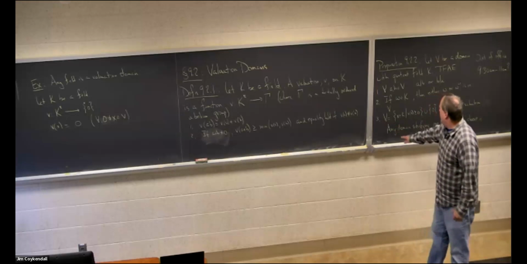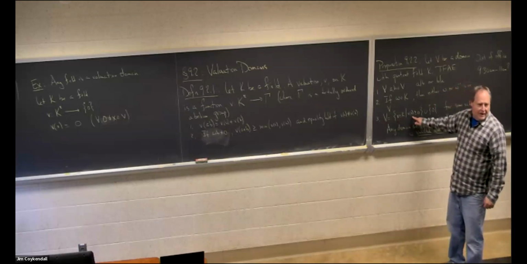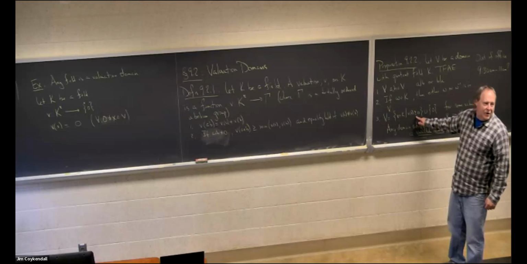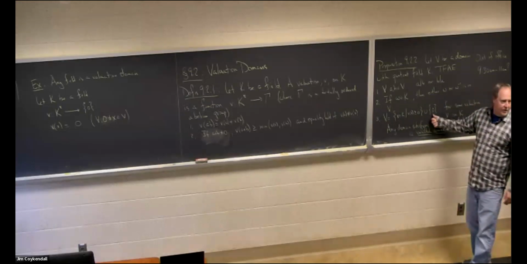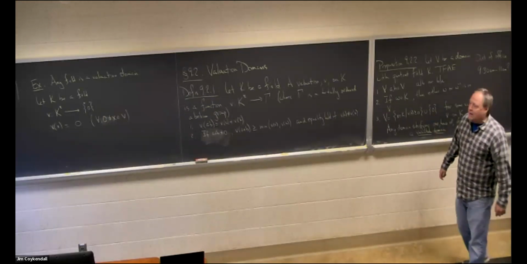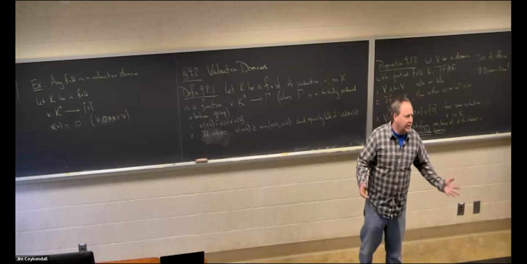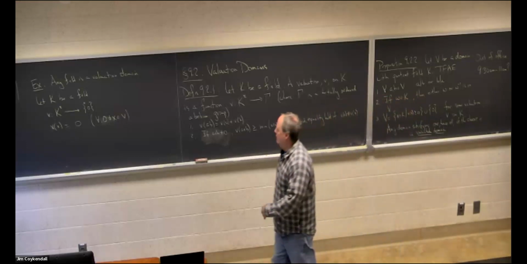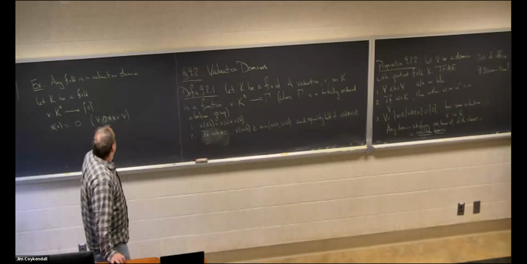Now let's check this out. V is the set of x in K such that v(x) is greater than or equal to 0. That's everything that's non-zero, then you throw in 0 and you've got it. So for the field case, it's the most trivial thing. The value group is just trivial.